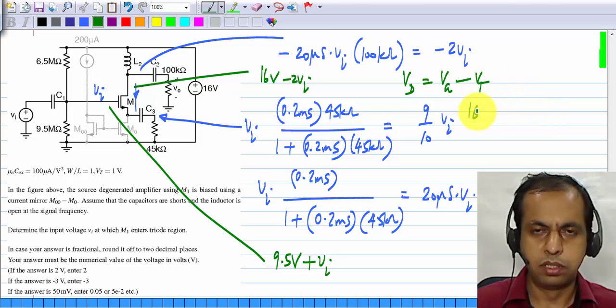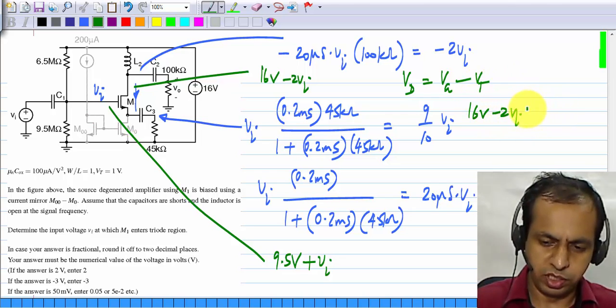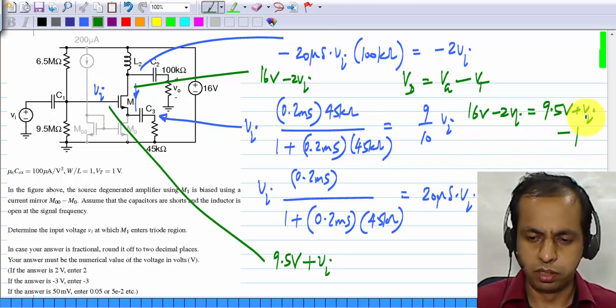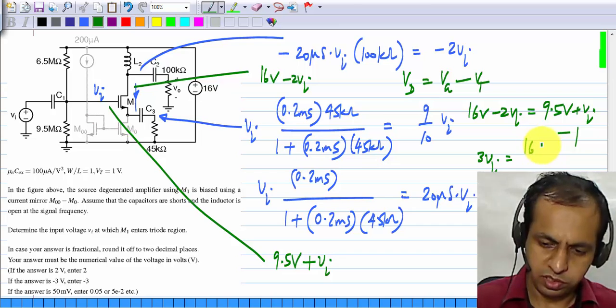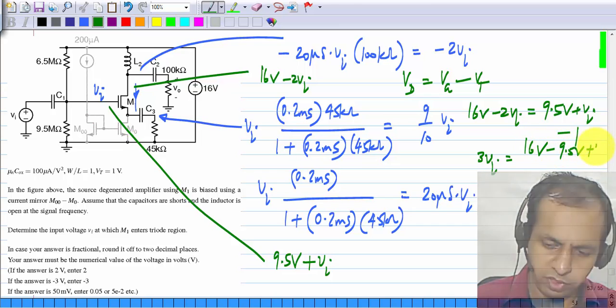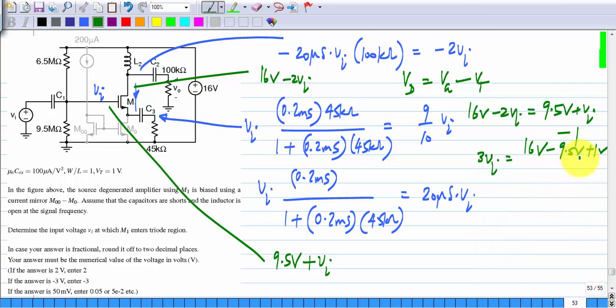In other words, 16 volts minus 2 Vi should be equal to 9.5 volts plus Vi minus 1, or 3 Vi is 16 volts minus 9.5 volts plus 1 volt.